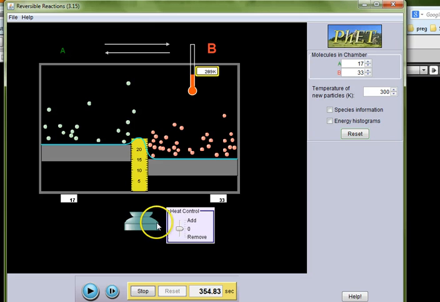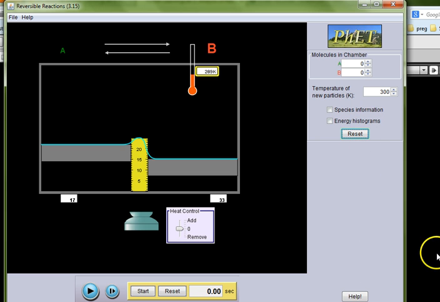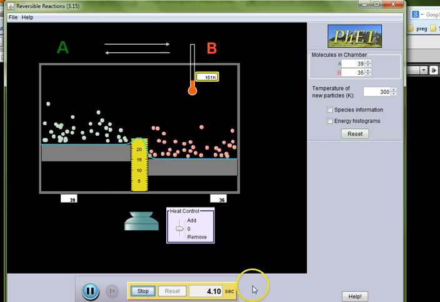Okay, now we'll do something different. Let's say we want to reset this now, and we take 40 particles of A and 35 particles of B. We start the reaction, play the reaction, and then start the stop clock.